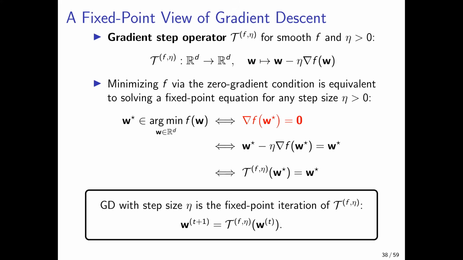So this is just some function, some operator mapping from R^D to R^D. And it's just one way of looking at gradient descent. In this way, we can say gradient descent with step size eta is nothing but the fixed point iteration of this gradient step operator.